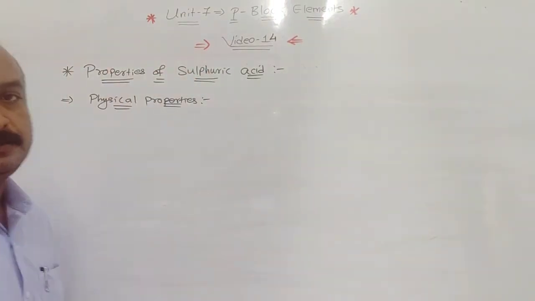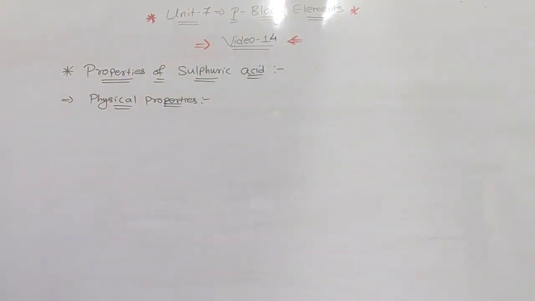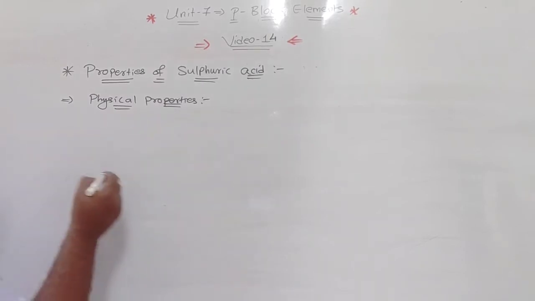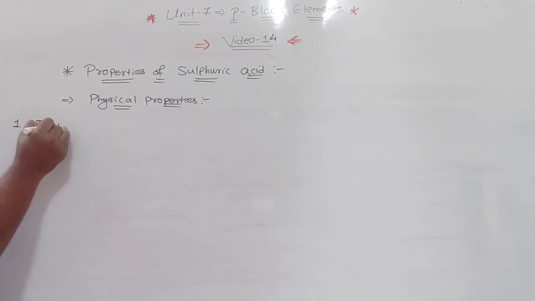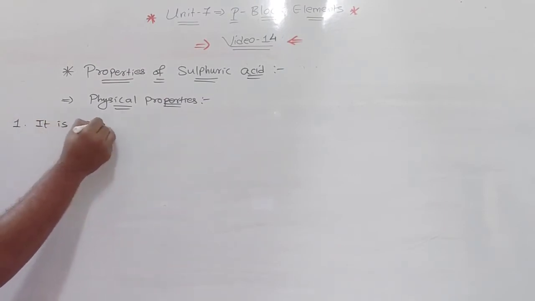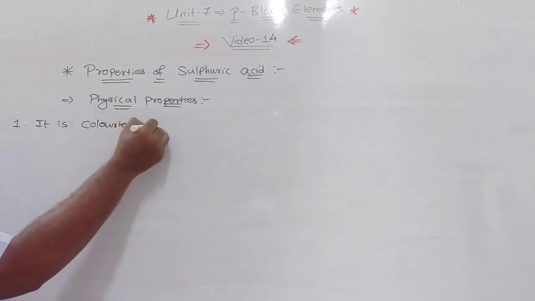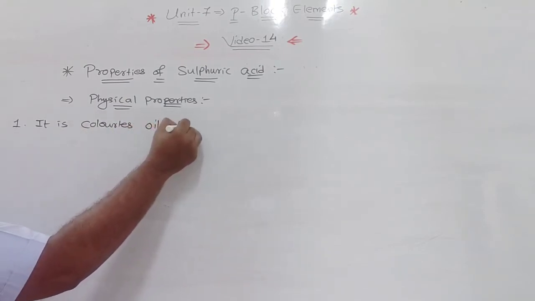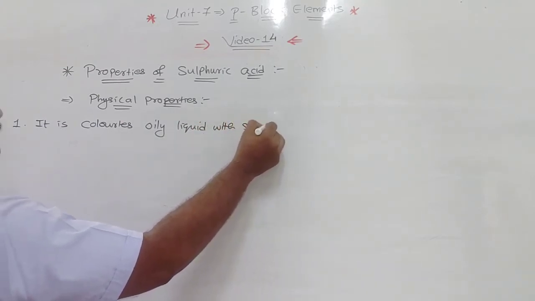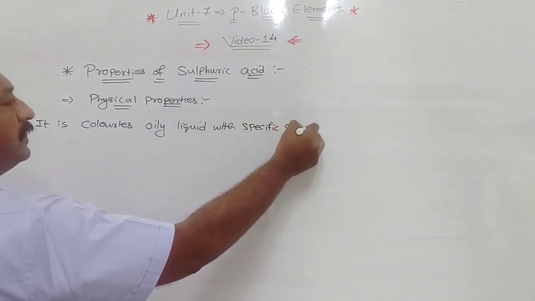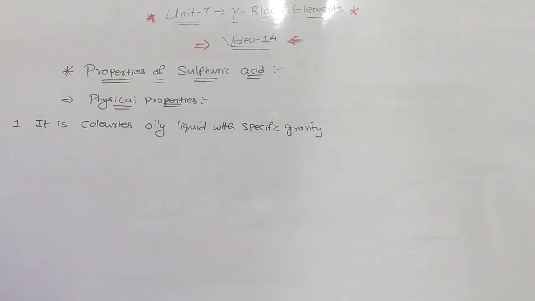Now when we talk about physical properties, point number 1: it is a colorless, oily liquid with a specific gravity.